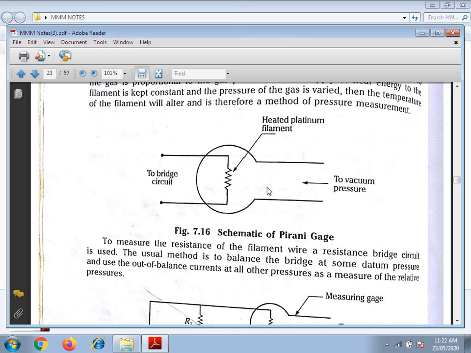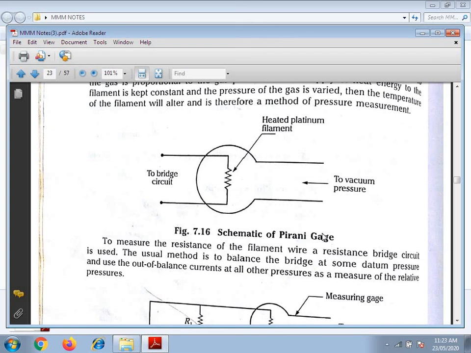It operates on the principle that if a heated wire is placed in a gas chamber, then the thermal conductivity of gas depends on the gas pressure. Therefore, the transfer of energy from wire to gas is proportional to the gas pressure.